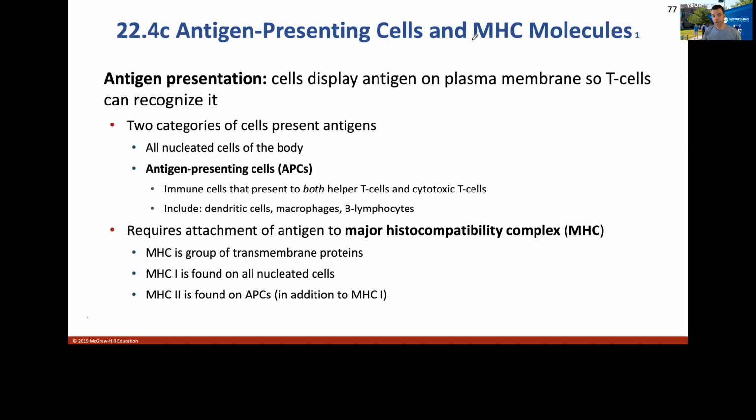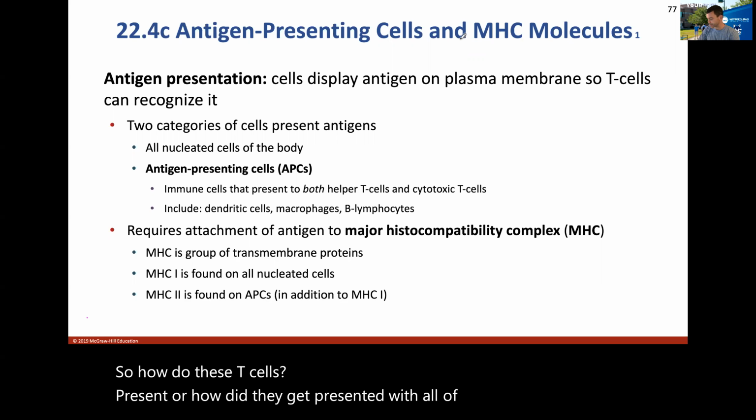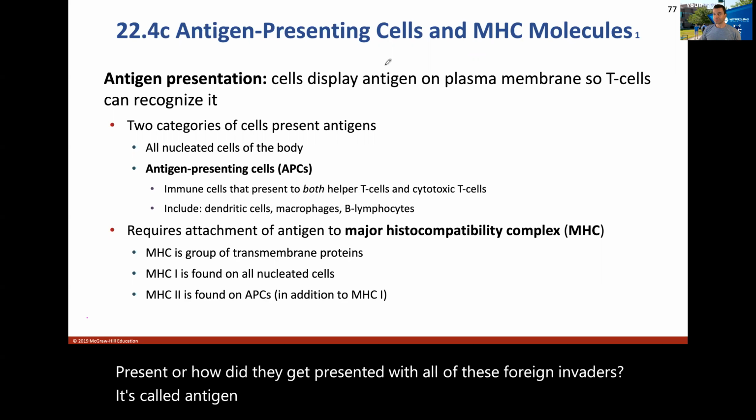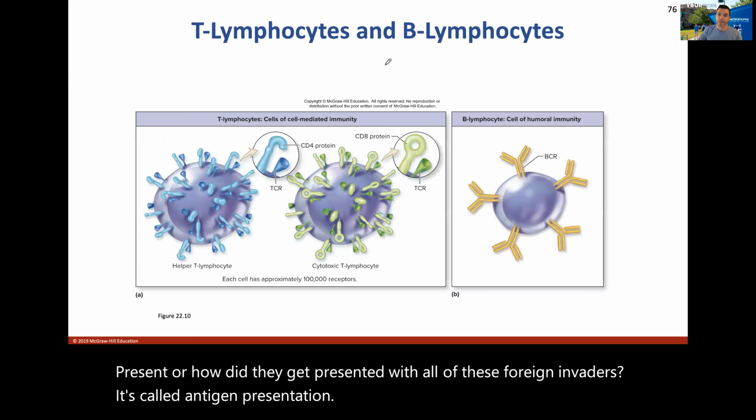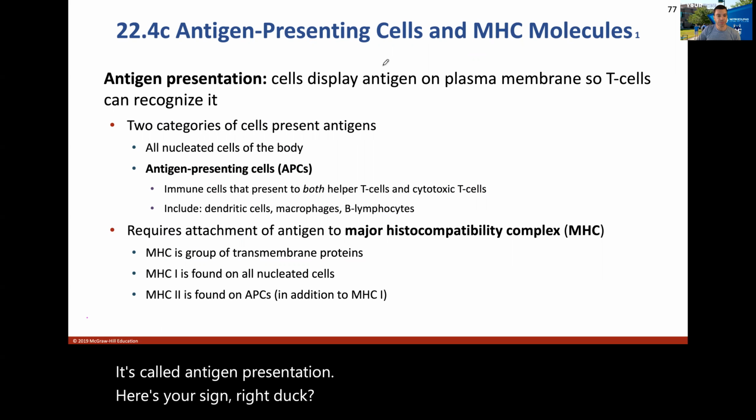So how do these T cells get presented with all of these foreign invaders? Well, it's called antigen presentation. Here's your sign, right? Duh.